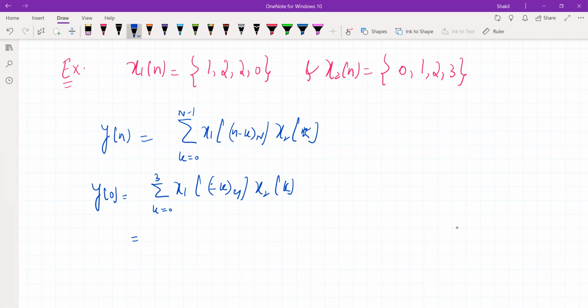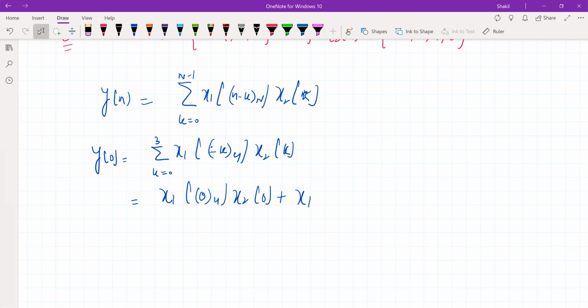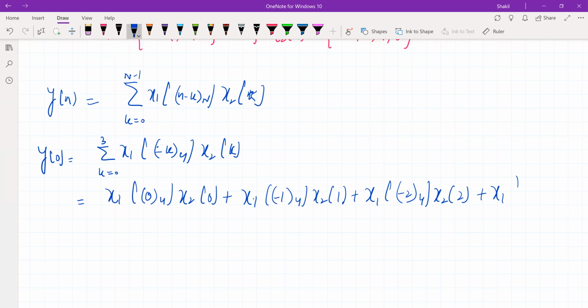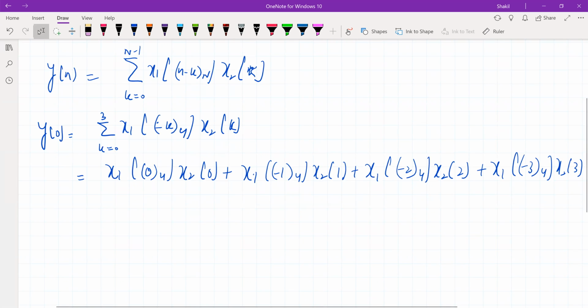Substituting the values, we get x1 of 0 modulo 4, x2 of 0, plus x1 of minus 1 modulo 4, x2 of 1, plus x1 of minus 2 modulo 4, x2 of 2, plus x1 of minus 3 modulo 4, x2 of 3, as k varies from 0 to 3.